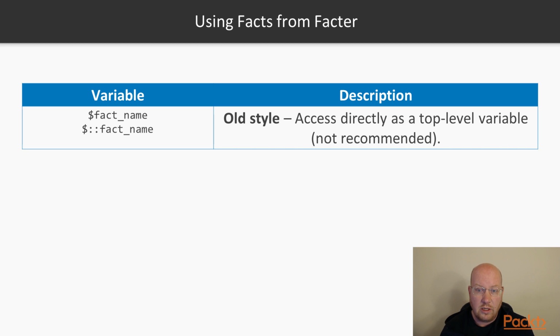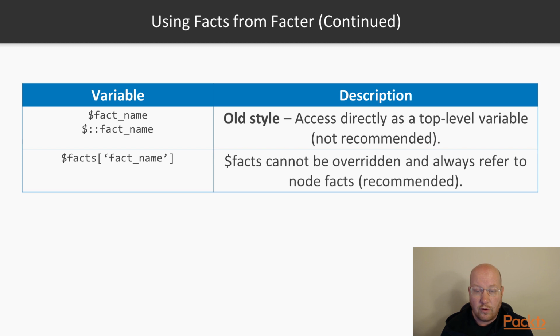And neither of these are really necessary anymore, and in fact these are not recommended, because the problem with accessing facts in this way is that they can actually be overridden within the catalog. So what we prefer to do instead is to use the second example, which uses a facts hash. So this is a top-level variable called facts. It can't be overridden by the client. It is a hash, which means it's like a dictionary or like a hash map.